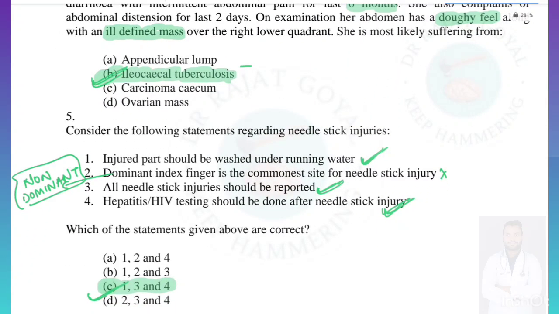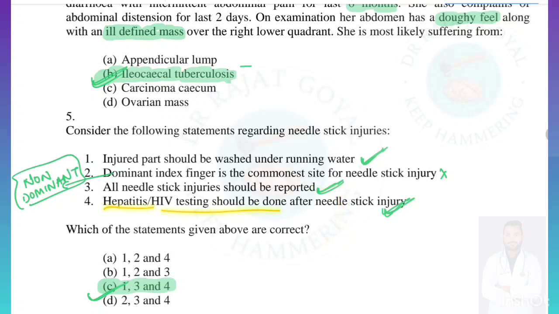Consider the following statements regarding needle stick injuries. Injured part should be washed in running water. This is a true statement. All needle stick injuries should be reported. This is also true, because we do not know the patient's condition or the diseases which the patient has. So we have to report all needle stick injuries.